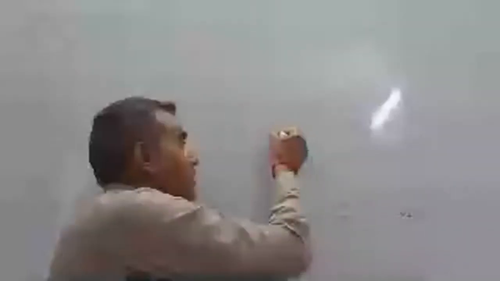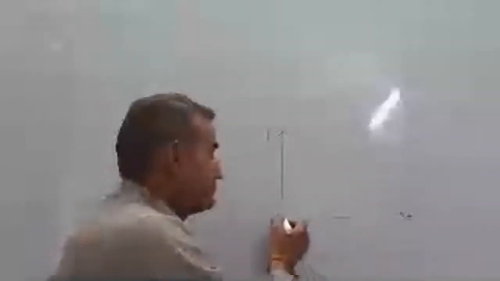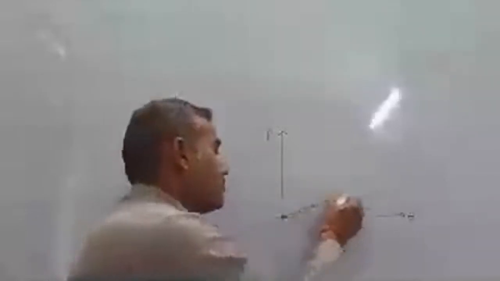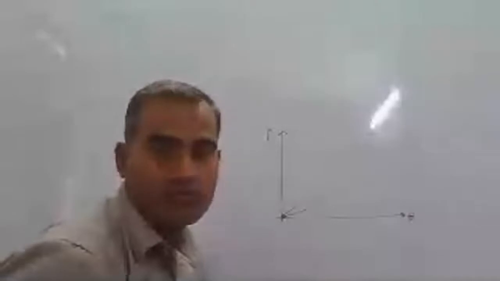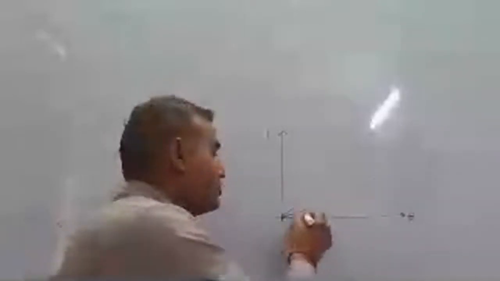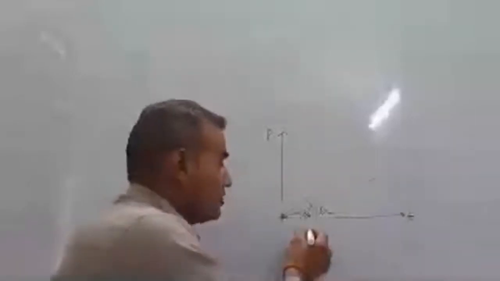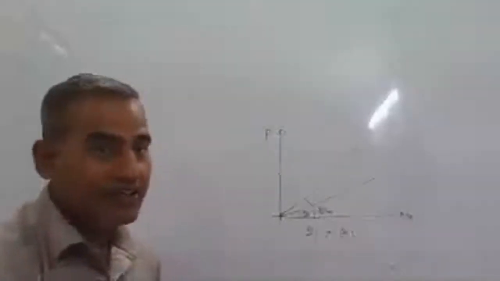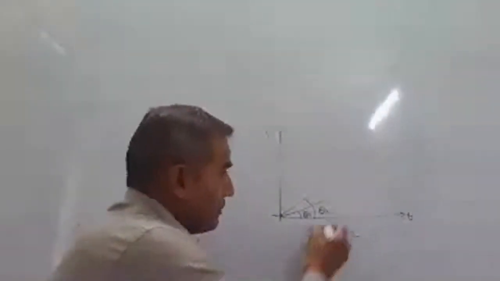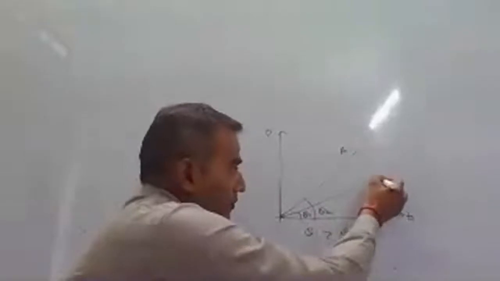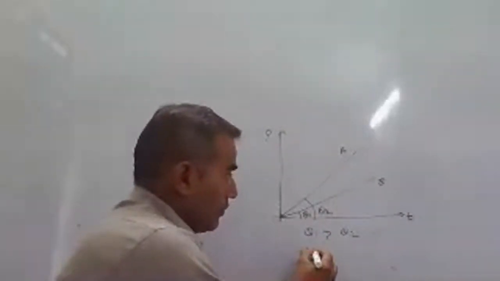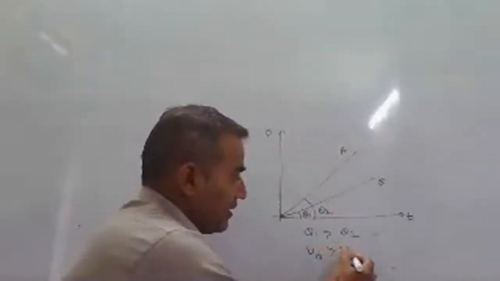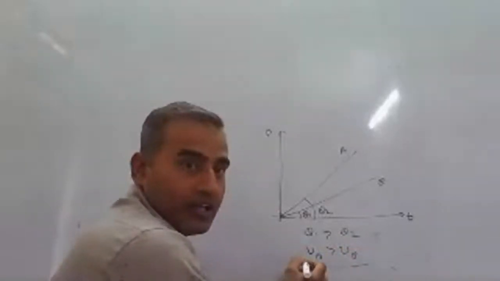Theta 1, theta 2, theta 1 greater than theta 2, for A and B. So VA is greater than VB.